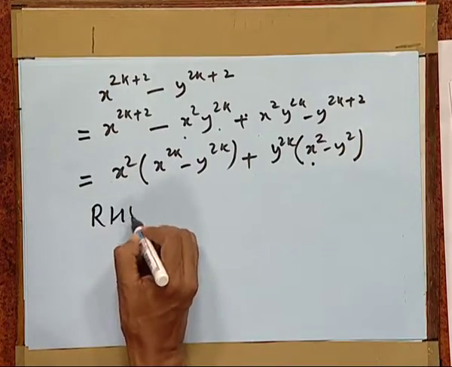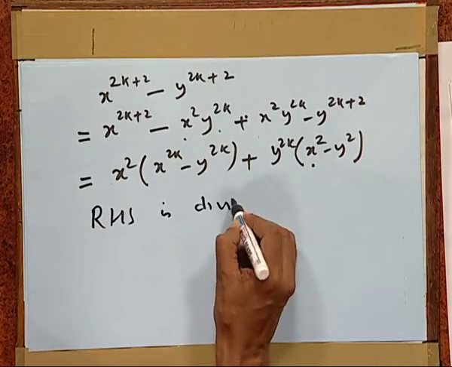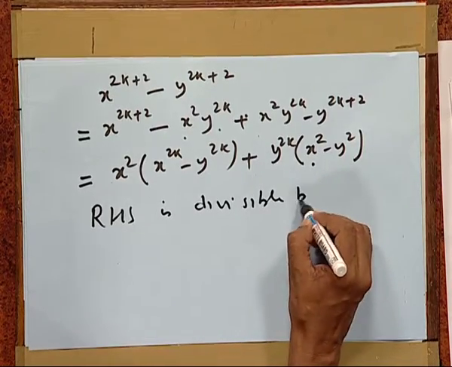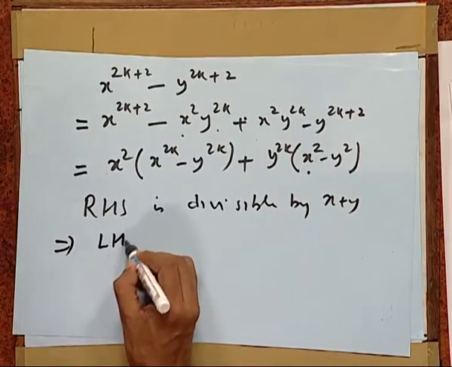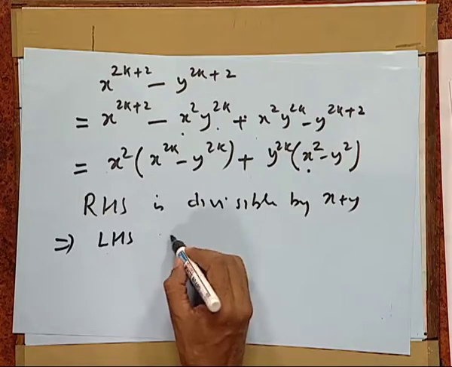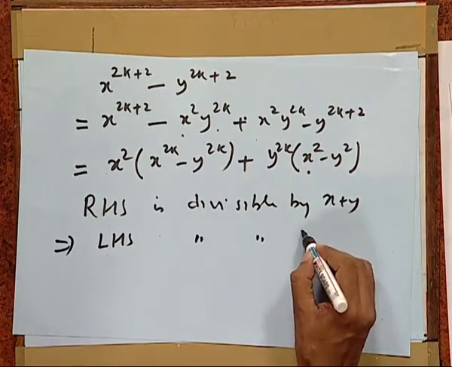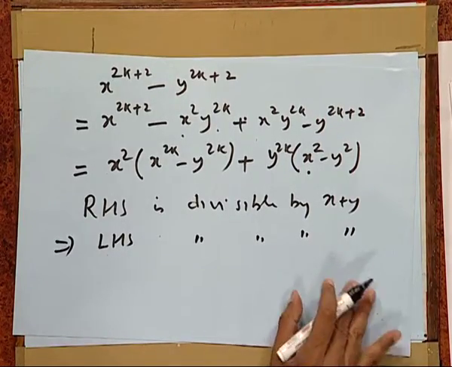In this manner, the entire right hand side is divisible by x plus y, and hence the left hand side should be divisible by x plus y.